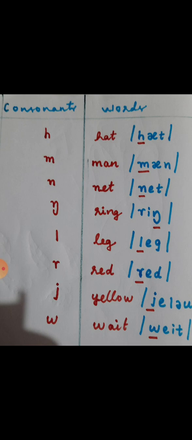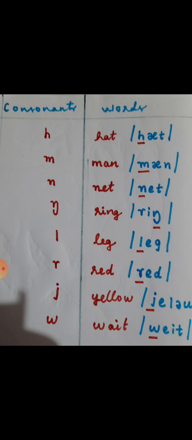Clear? So these are the consonant sounds. Today we have discussed h as in hand, m as in man, n as in net, ng as in ring, l as in leg, r as in red, y as in yellow, w as in wait.